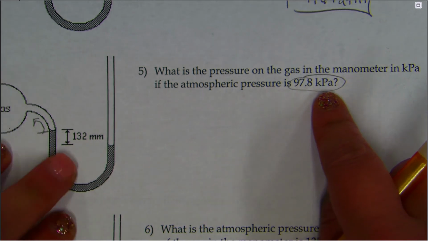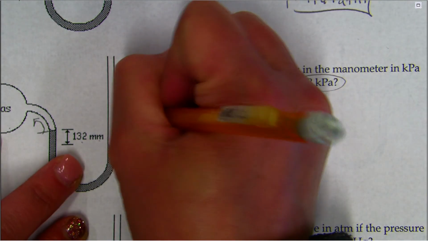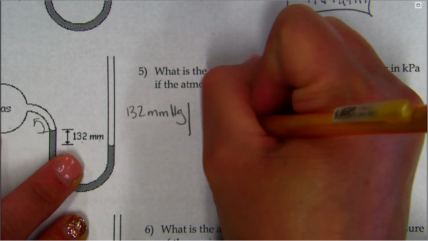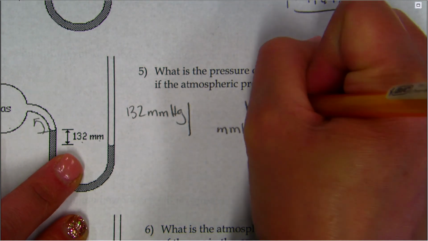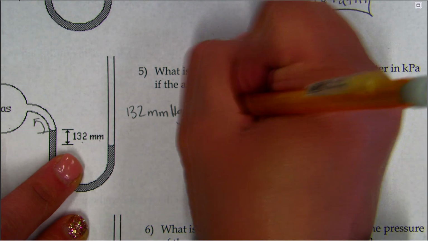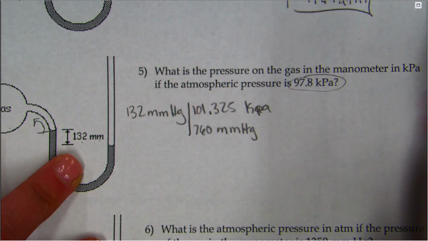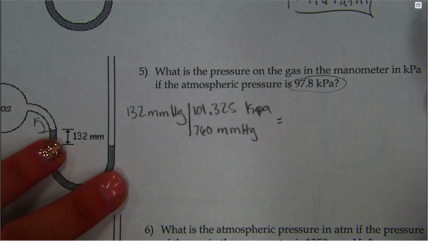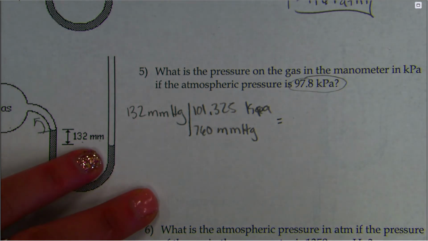Okay, so 132 is in millimeters of mercury. So my first step, I have to convert this into kilopascals, where 101.325 kilopascals equals 760 millimeters of mercury. And so when I do that, let me plug that into my calculator.